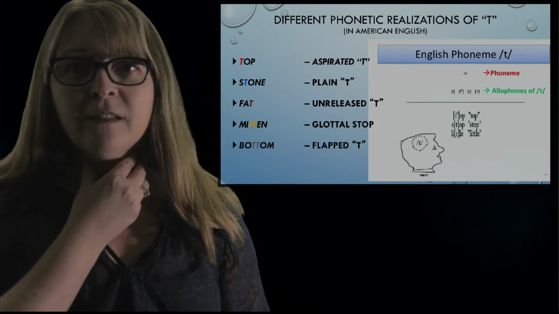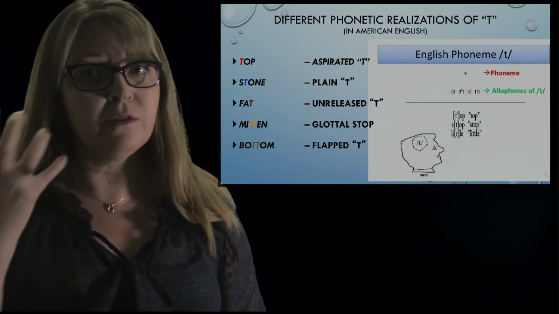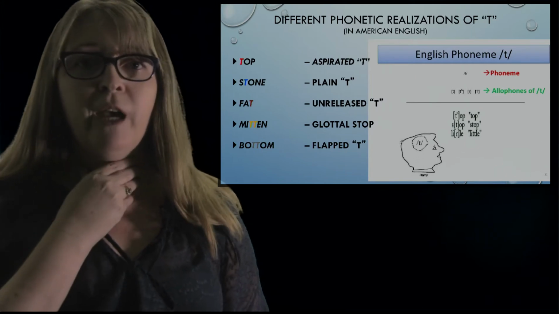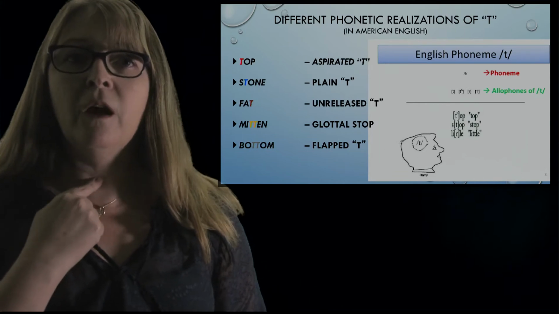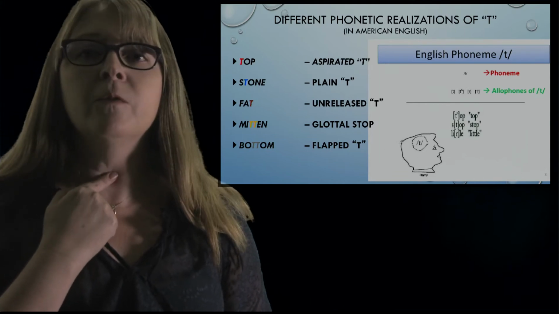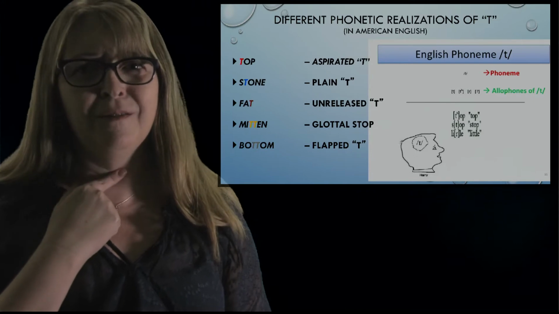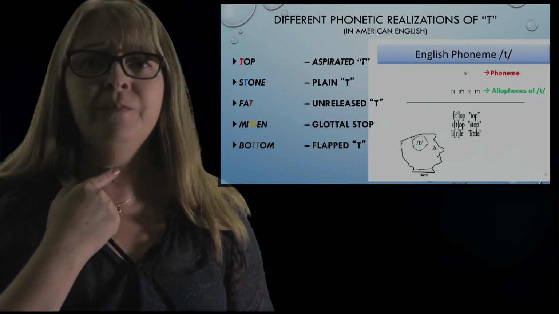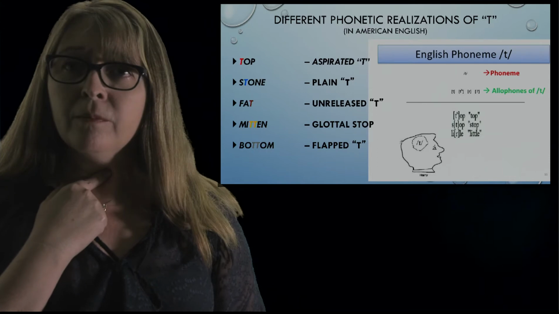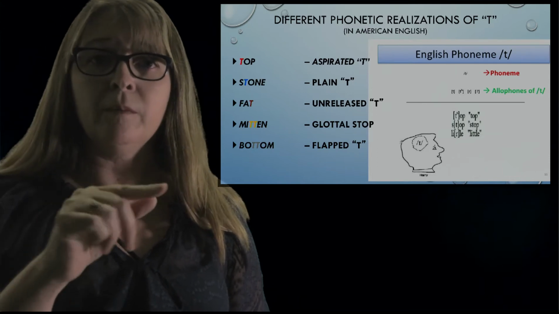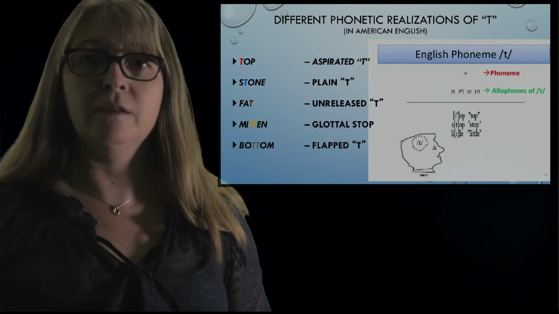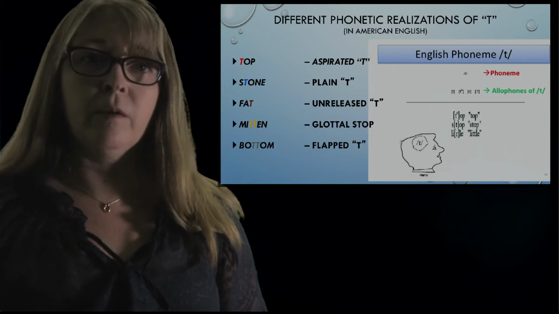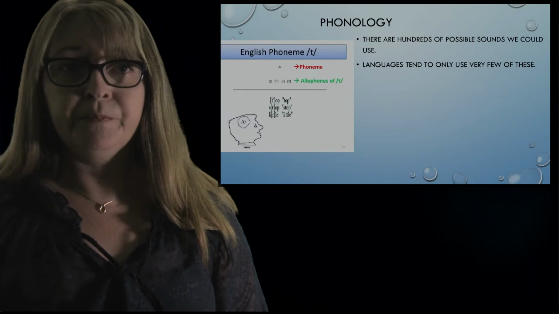Nobody ever says fat unless they're really trying to make a point, right? It's not released. Mitten, that's a glottal stop. It stops somewhere here, especially in southern. And bottom is almost like mitten, but it's a flapped T instead of a glottal stop. So these are all different.